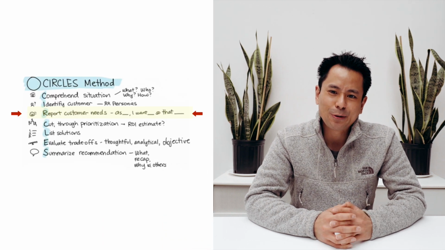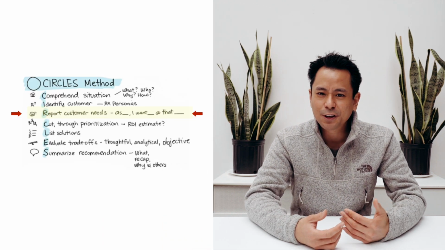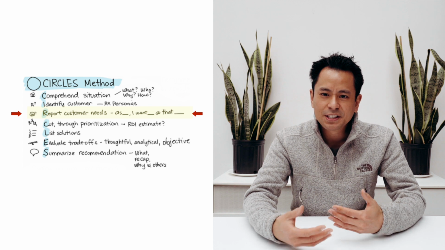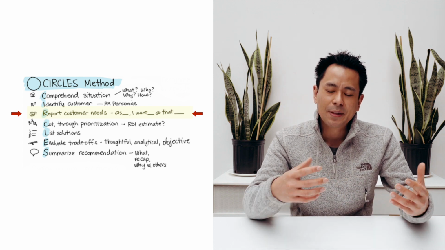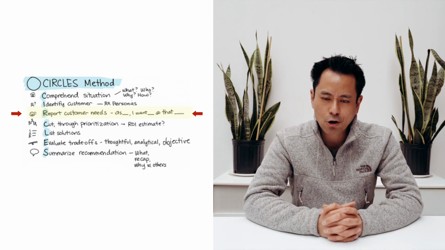The next thing that you want to do after you specify your target customer, and it could be, let's say, a soccer dad, a designer, a software developer, somebody really specific, is that you want to report out on their customer needs. And sometimes I think of customer needs and pain points and user stories as being fairly synonymous terms.